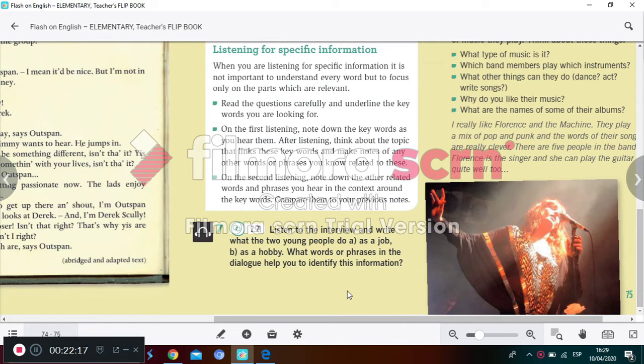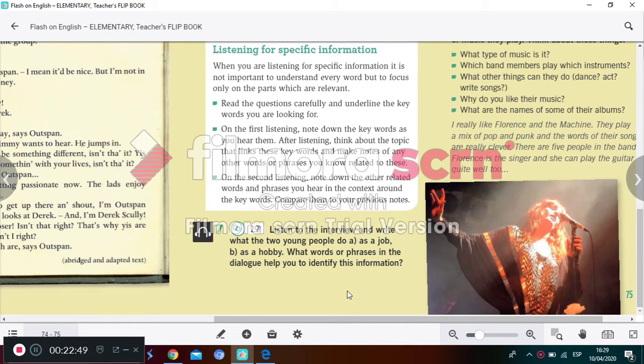Advice number 2, repeat the audio and try to concentrate on specific information, okay? Repeat the audio and try to concentrate, to focus on specific information. Repetimos y nos concentramos en información específica, ¿ok? Advice number 3.